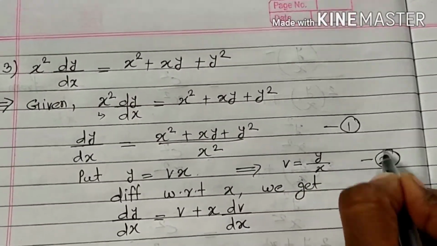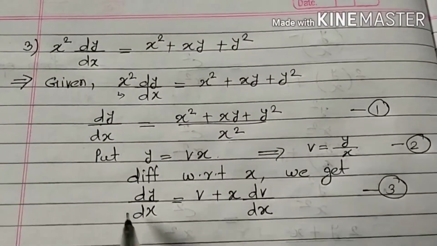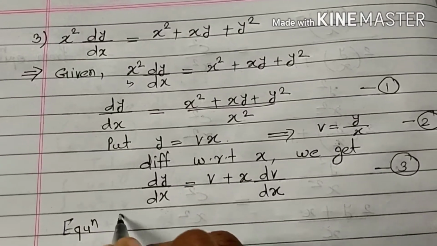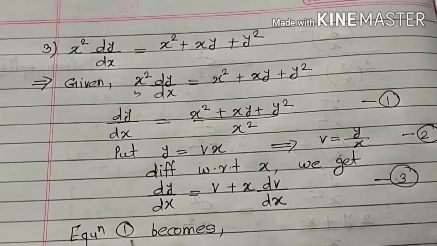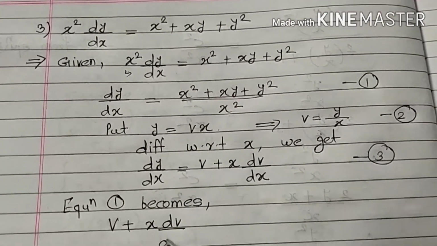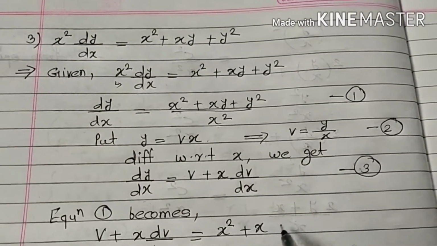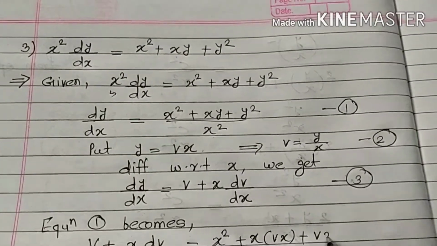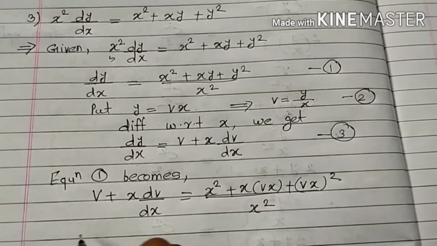This is equation 2, and this is equation 3. So equation first becomes v plus x dv upon dx, which is equal to x square plus x times vx plus (vx) square upon x square.